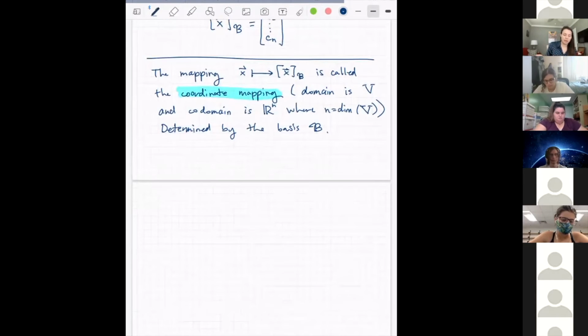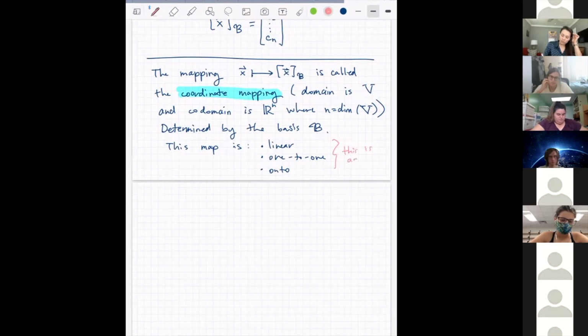Okay. Now, this map, we will not check these things, but they are true. This map is linear. It is one-to-one, and it is onto. So, in particular, this is what is called an isomorphism.